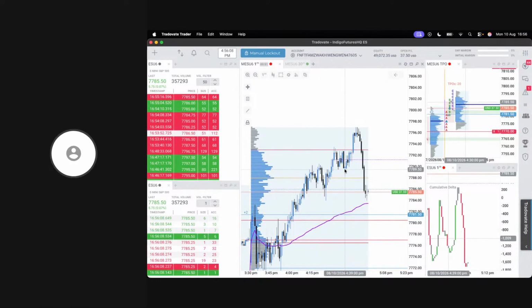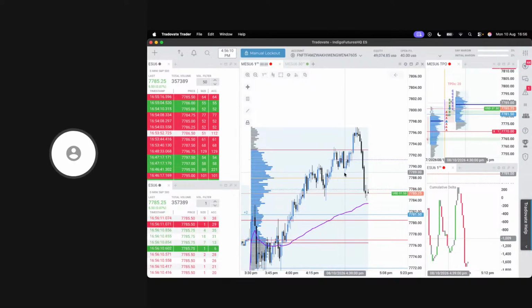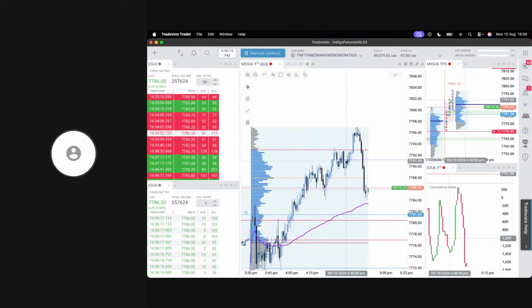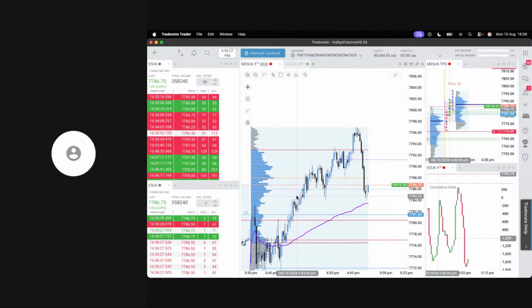If you're long from initial balance, your stop probably went here. You were taken out here. So longs from initial balance got taken out probably around here with this candle, probably.